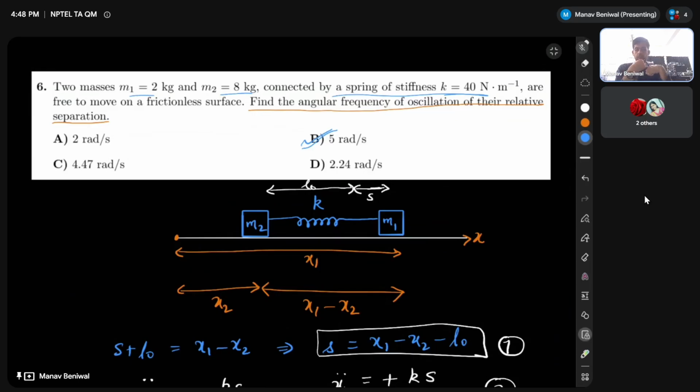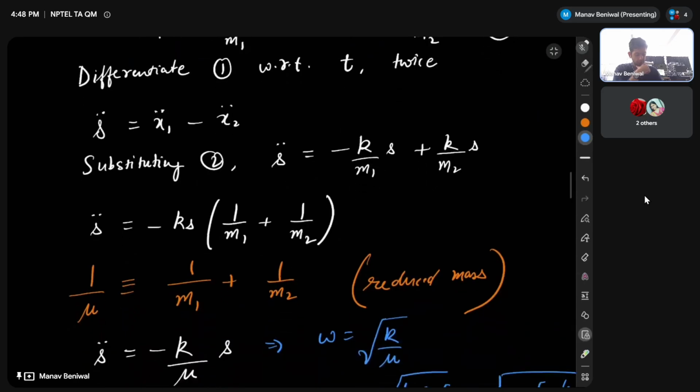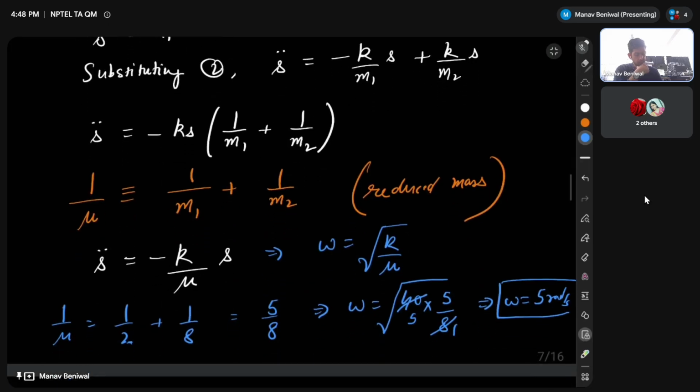Okay, so in practice, in the beginning we had two masses m1 and m2, and then by doing some math we find out that the behavior of the two masses is as if it is behaving like a single mass but with a reduced mass.